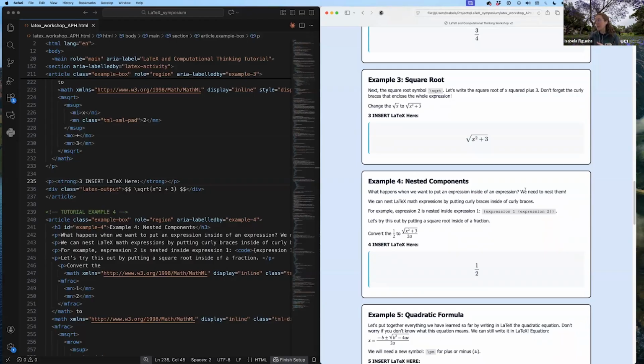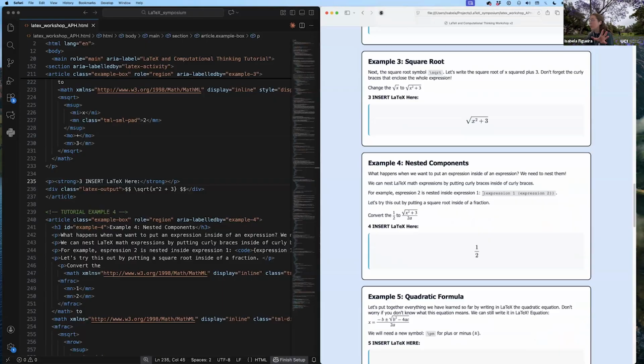We can nest LaTeX math expressions by putting curly braces inside of a set of curly braces. For example, if we wanted to nest expression 2 inside of expression 1, we would write the following: left brace, expression 1, and then left brace, expression 2, right brace, right brace.